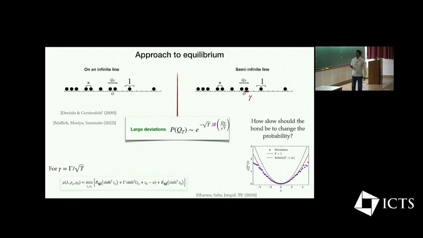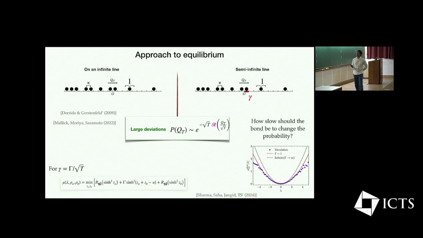But now let's ask, in this system, if I have some region which becomes slow, or like a defect bond. So I put here some bond where the jump rates are much slower than the rest of the system. How much of this result is going to be robust? Now it turns out that you would find that this gamma, this rate, unless it is as slow as 1 over square root of t, this result remains exactly the same.